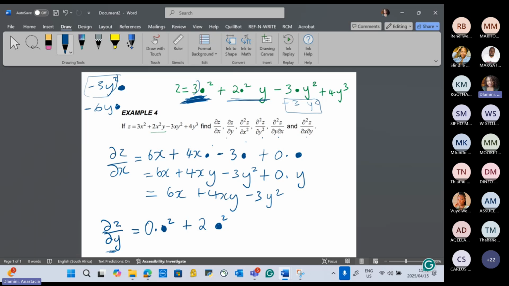So differentiate that. Forget about the dot. Differentiate this only. Minus 6y. Do you see that? The reason why I'm putting dots is because I want everyone to see that you are ignoring x for now and you're only focusing on y. That's why I'm putting dots there.